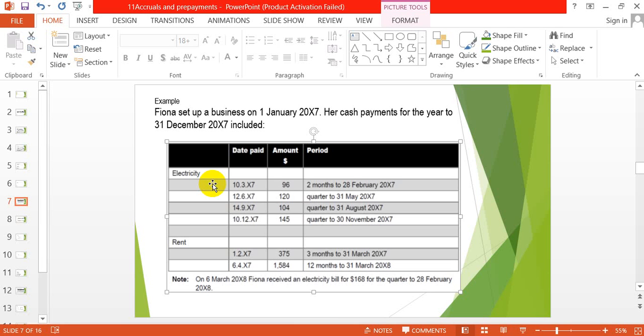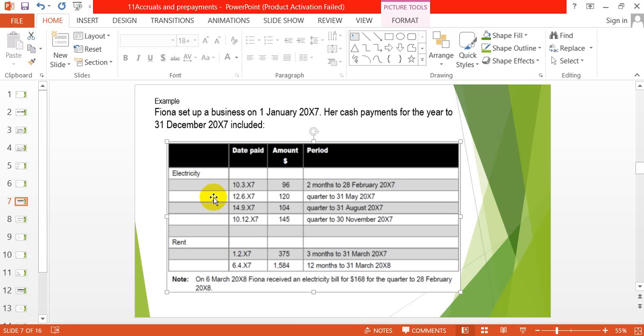We made another payment on 12th June x7 for 120, covering a quarter to 31st May. Quarter to 31st May will start from March, April, May. That gives us another 3 months.